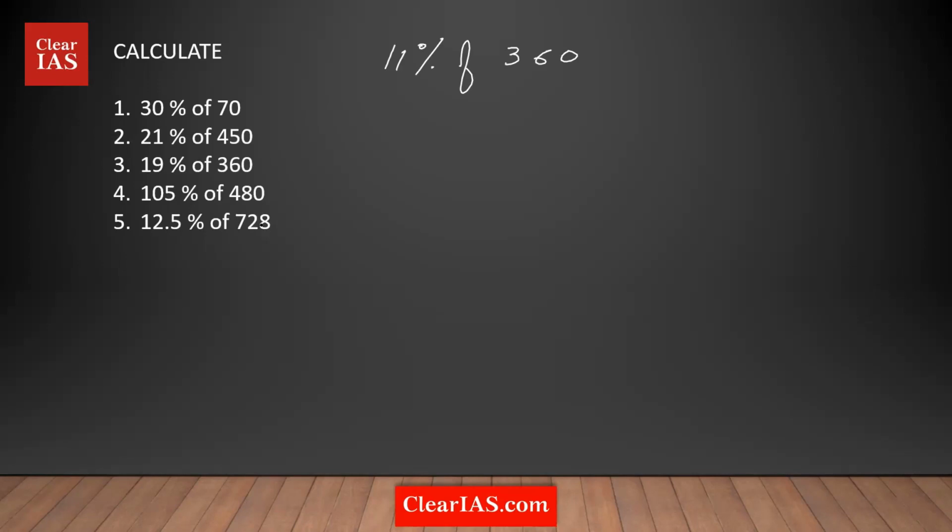Perfect. See, we can split 11% as 10% plus 1%, right? And we already know what is 10%, 36. What is 1%? You divide by 100, 3.6. So 39.6. See how easy it is. Got it?